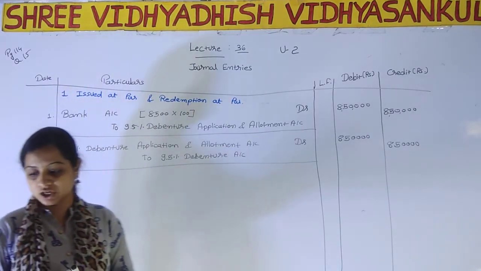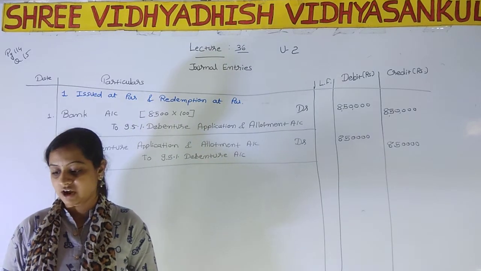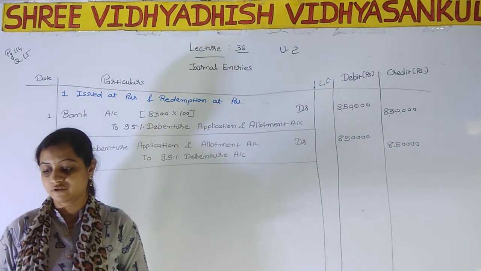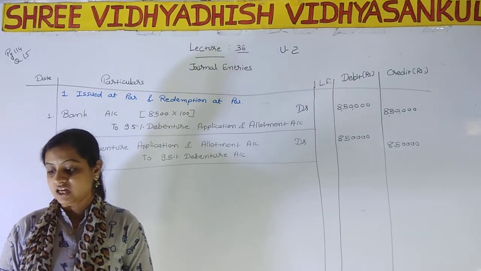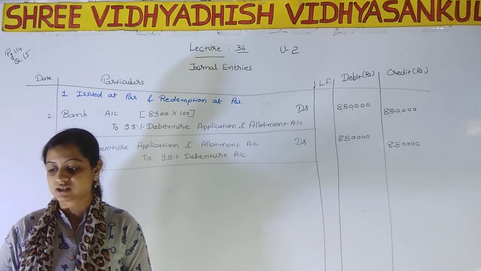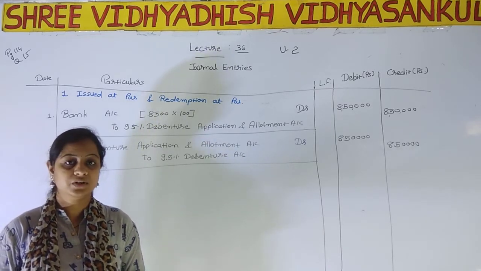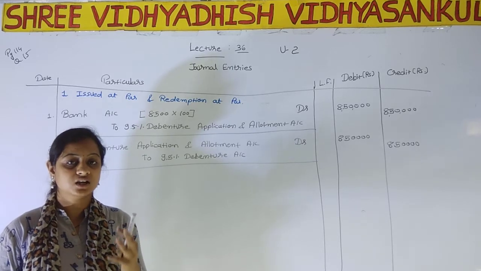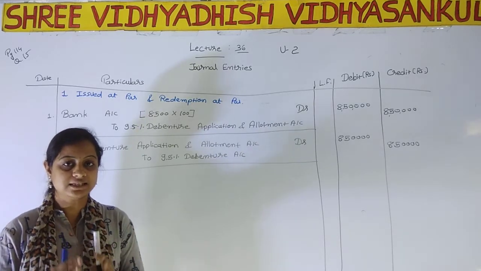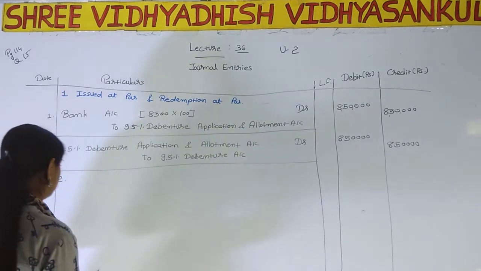The second condition: issued 9,500 9.5% debentures of rupees 100 each at a discount of 10%, redeemable at par. That means here the third condition will come. Issued at discount, redeem at par.